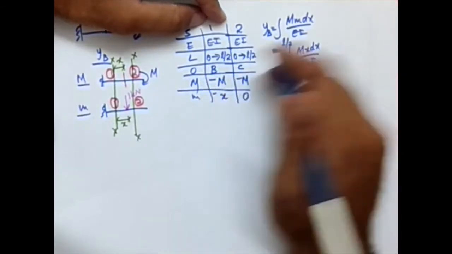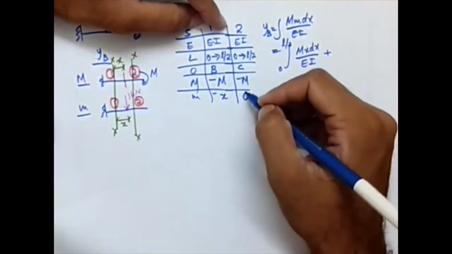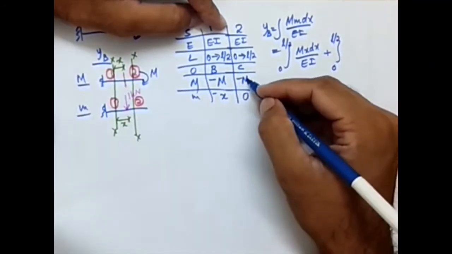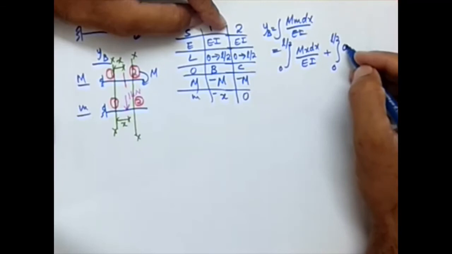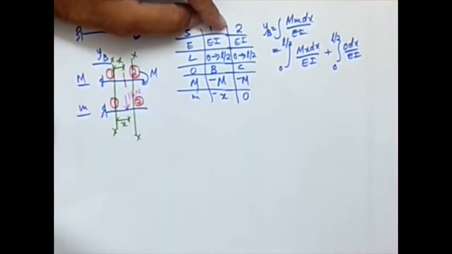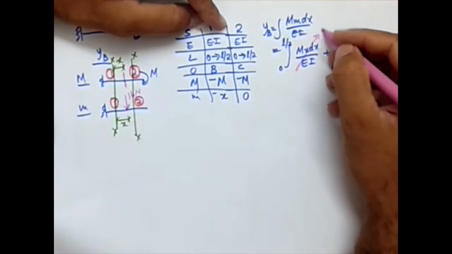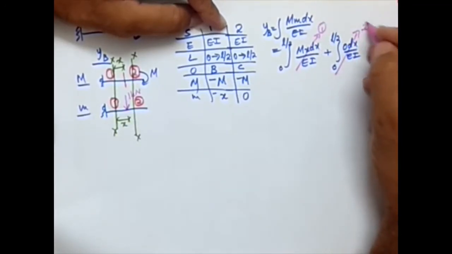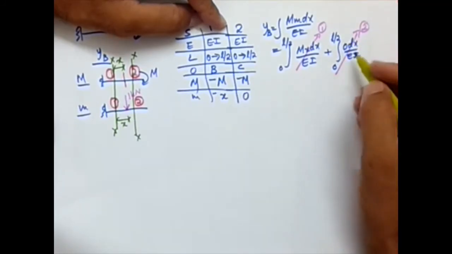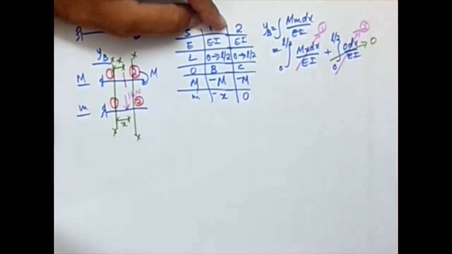That is for the segment 1. Now for segment 2. Segment 2, again the limit is 0 to L by 2. When I multiply capital M and small m, I am going to get 0 dx by EI. Okay, this part is for segment 1. This part is from segment 2. Okay, and we can see that this reduces to 0.